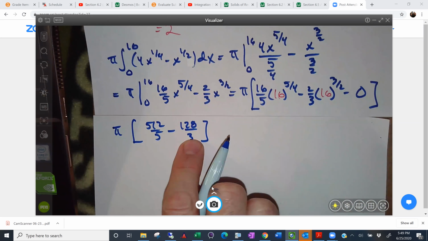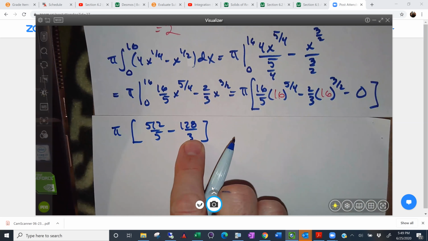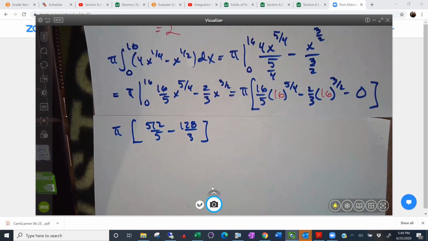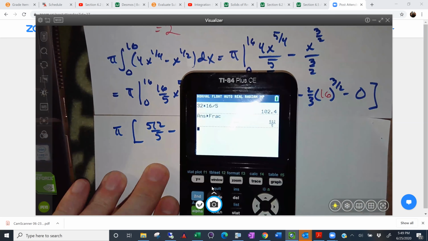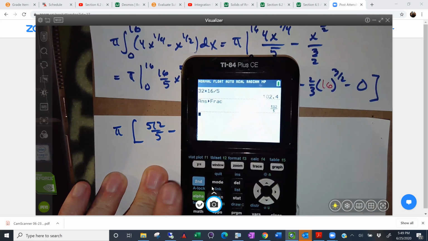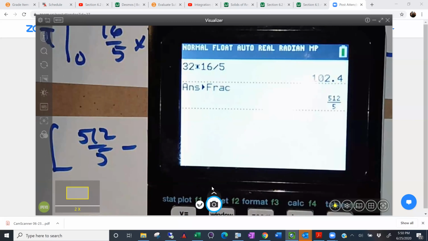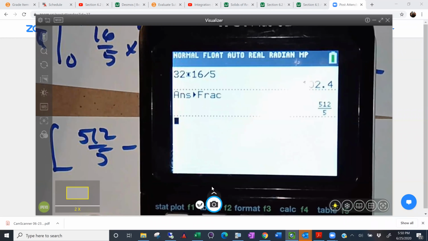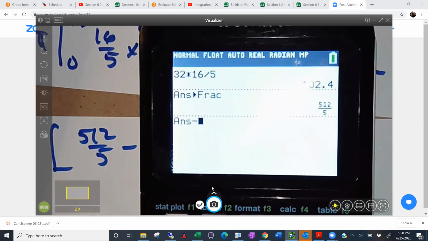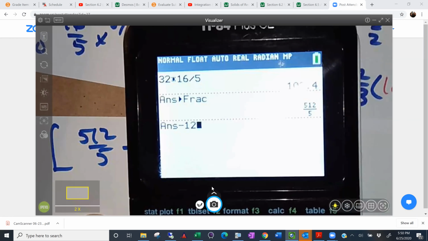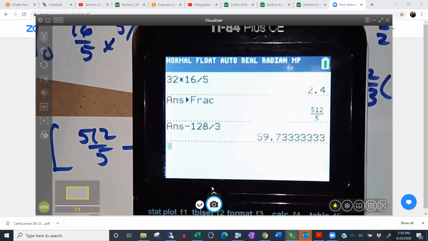Now this part, you don't need to do in your head. You don't need to convert to common denominators. If I was stuck with this, here's what I would do. Let's just subtract 512 over 5 minus 128 divided by 3, and hit the math key. I should get something over 15.